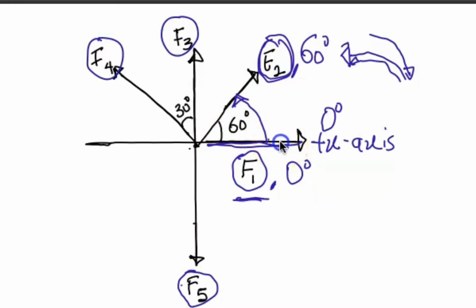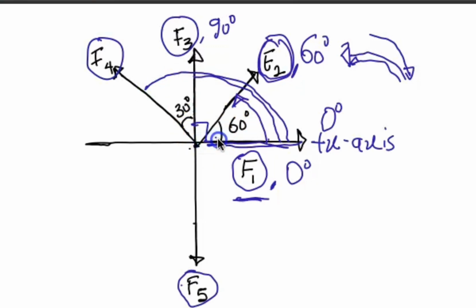Similarly, from the positive x-axis now to F3, we know that this angle is 90 degrees already. So F3 is making an angle of 90 degrees. Now for F4, remember, you are starting from the positive x-axis and then going to that vector. From the positive x-axis to F4, remember, this is 90.